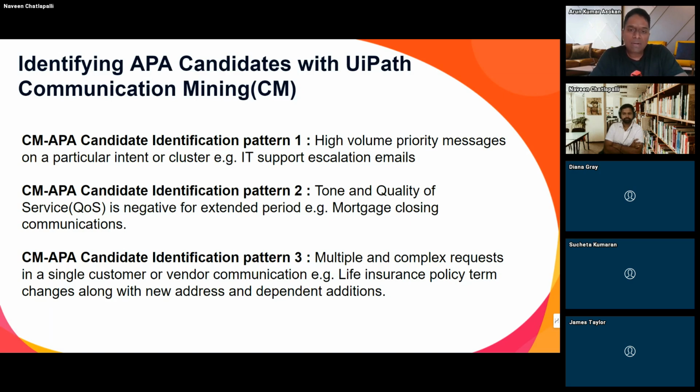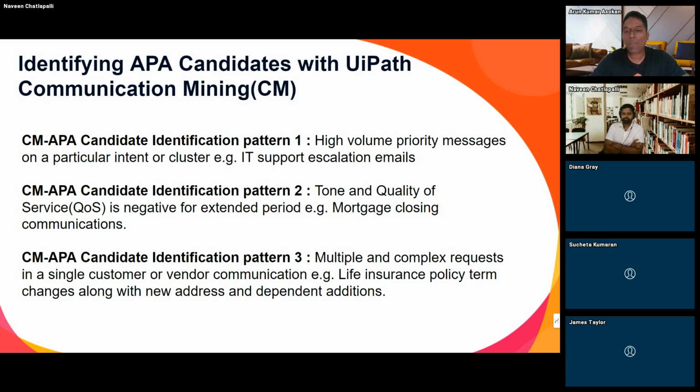The last pattern here is if there are multiple and complex requests in a single communication. If we get a request from a customer which has 5 to 6 different requests in a single email, right now we don't have the capability to solve all of these together with automation.